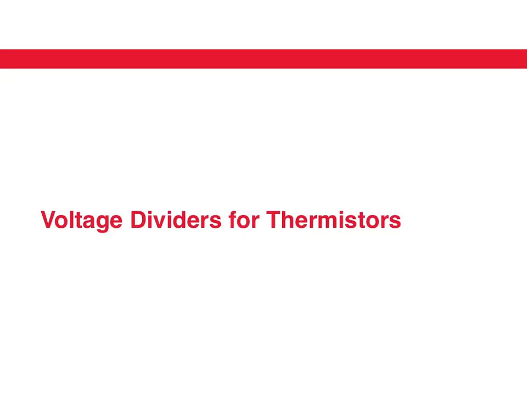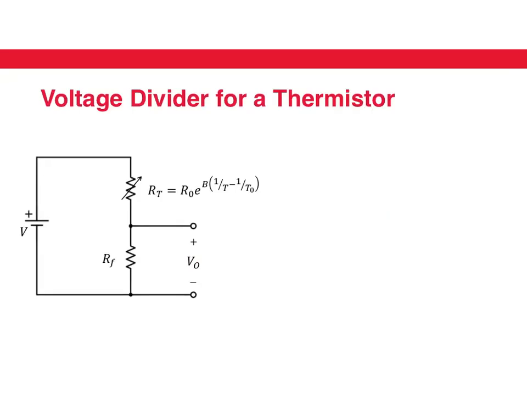Okay, so what we're going to do is, instead of a variable resistor, we just use a thermistor there and see what that means. So here's a circuit where there's a thermistor in place of a variable resistor, and we know how the resistance changes as a function of the temperature for a thermistor.